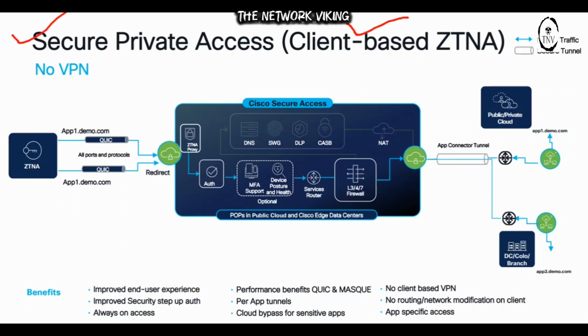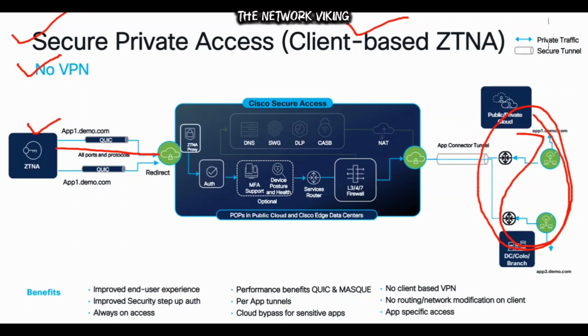All right, so let's talk about secure private access, but this time we're going to be using client-based ZTNA, not VPN, right? So with this ZTNA, another advantage of ZTNA over VPN: in VPN, you connect to the gateway, and once you're connected to the gateway, if you fail the posture, you will not be able to connect to any of the applications on this side, right?